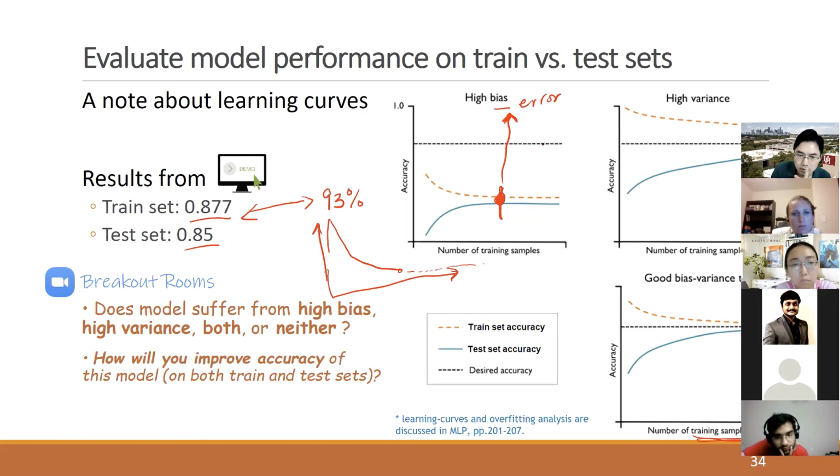Hold on. I think I might have made a mistake. I think the truth is 99%. I was confused with another data set. But for this data set, the true labels are 99% separable.